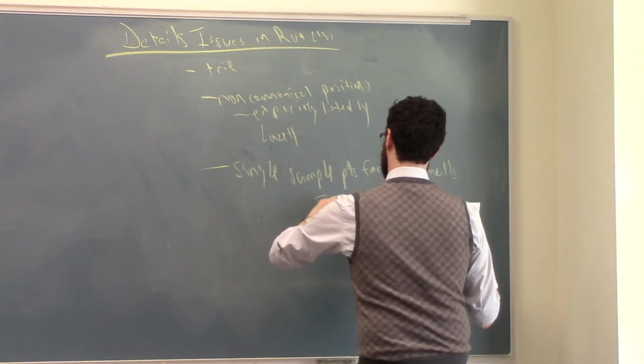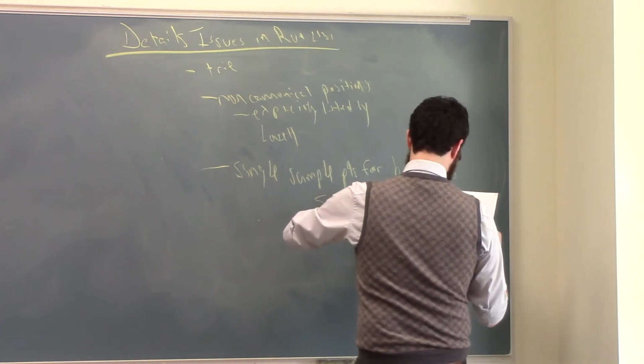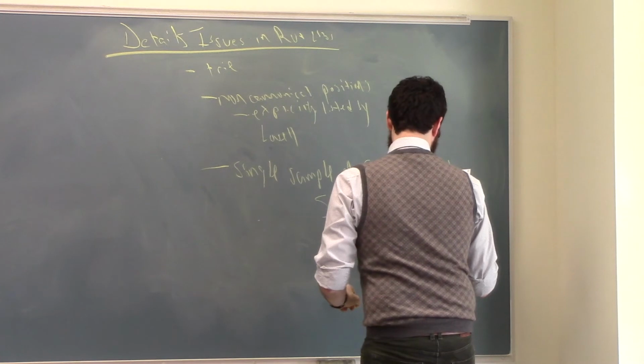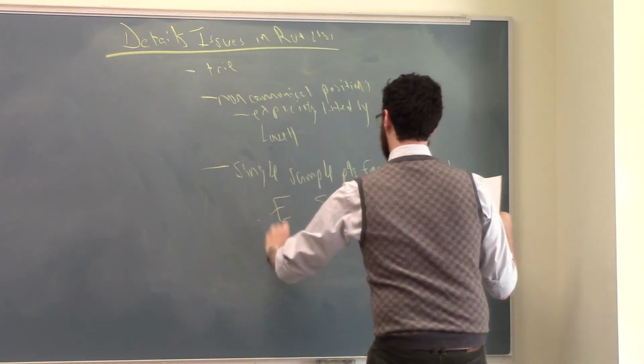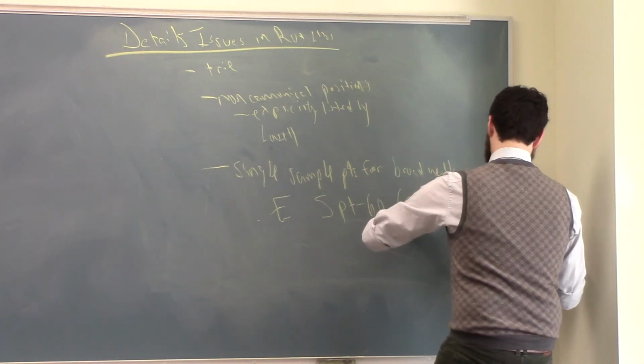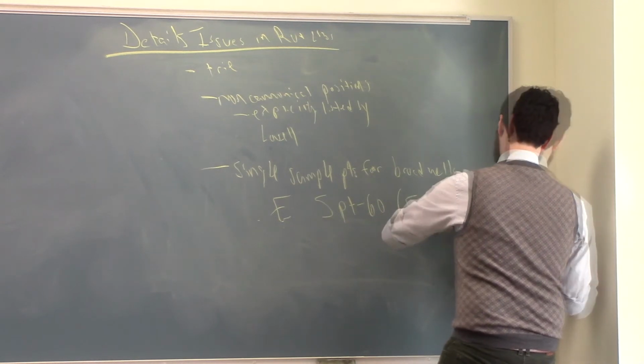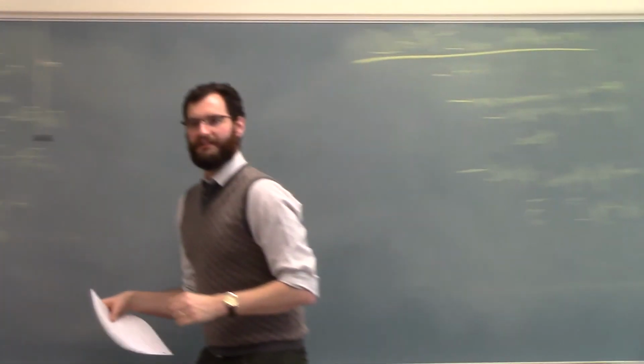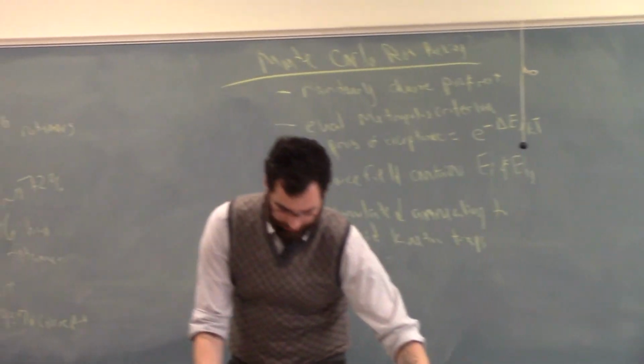And so those kind of look like S, PT, minus 60, and this is P. And so, let's see, E, Q, F, and Y all have single sample points listed out in the Rotamer library.